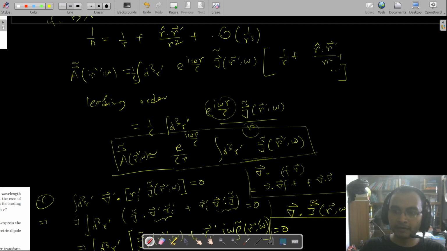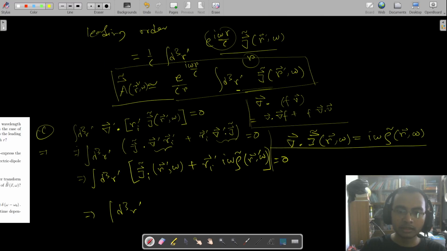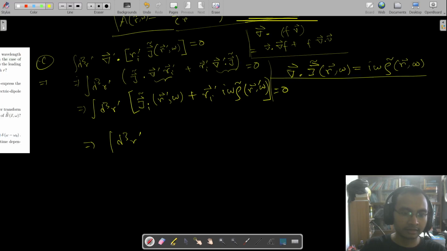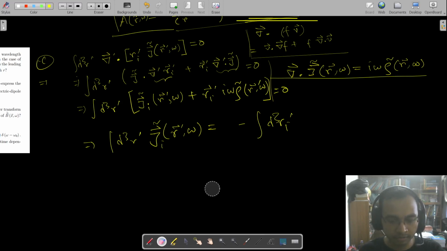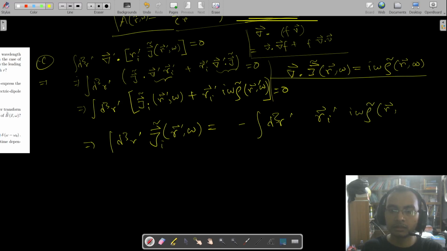So what we have in the original expression is this integral of j tilde, right? We have that here, j tilde prime. This is nothing but minus r_i prime, i omega rho tilde(omega).